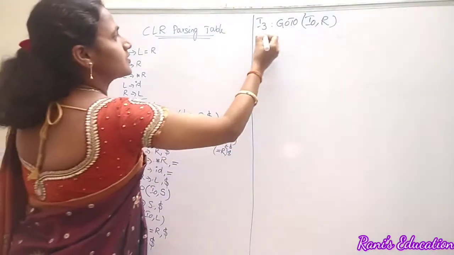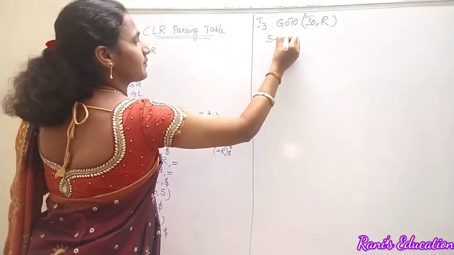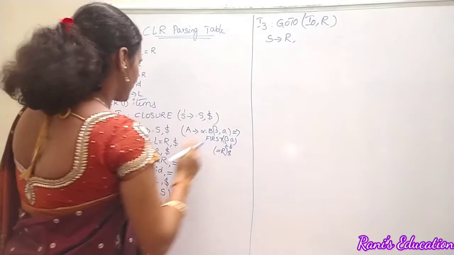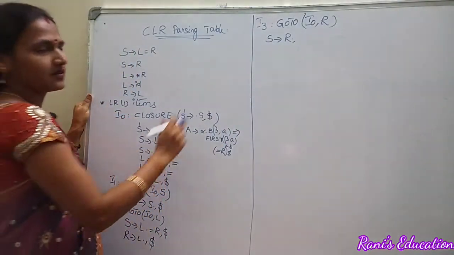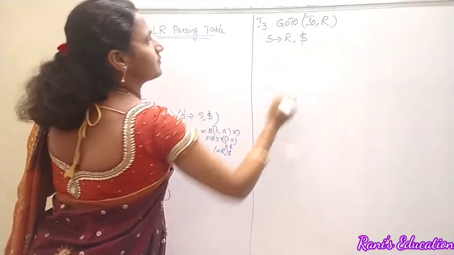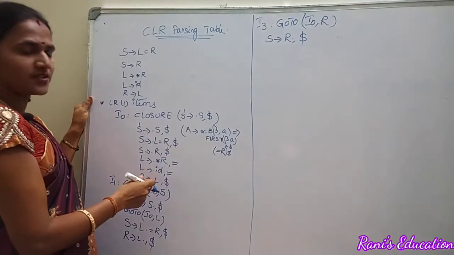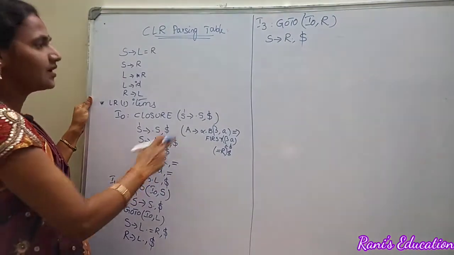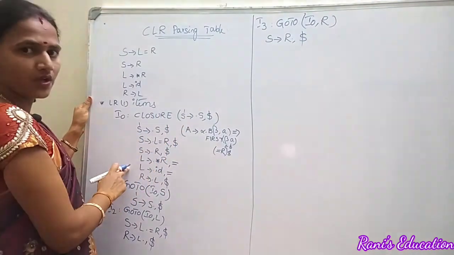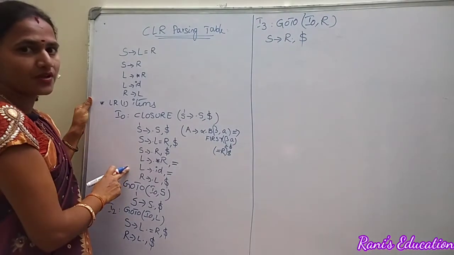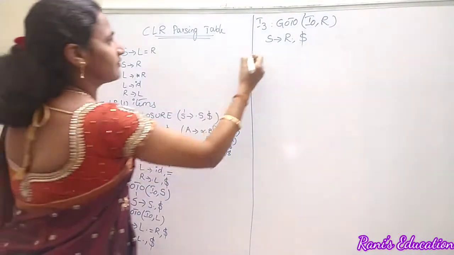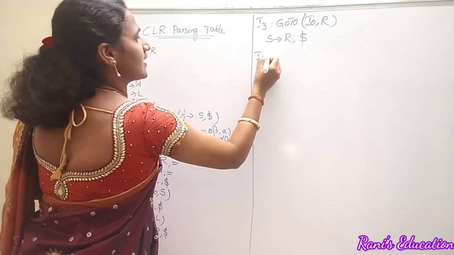S→R dot. What is the look ahead for that production? That is dollar. Do we have any productions whose RHS starts with the grammar symbol R in I0? No, we don't have any other productions like that. Right? Now, move on to the next item.